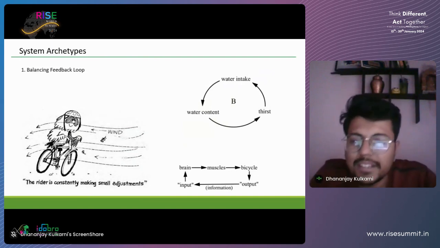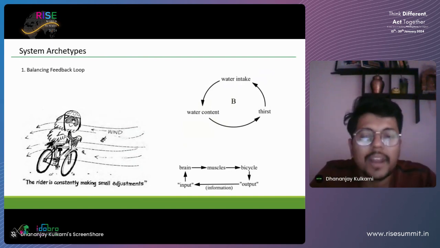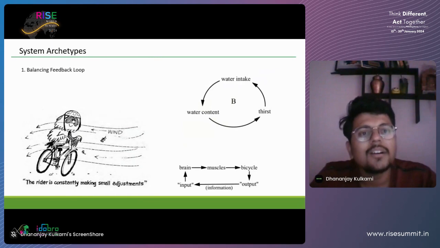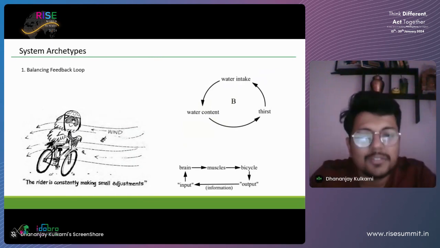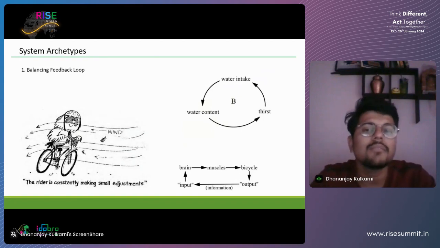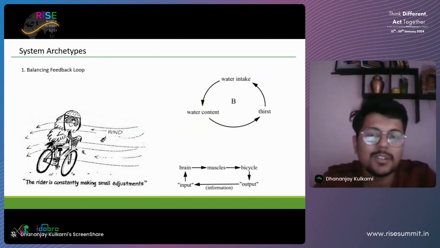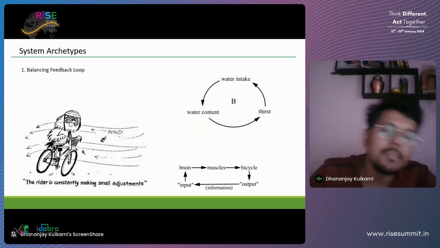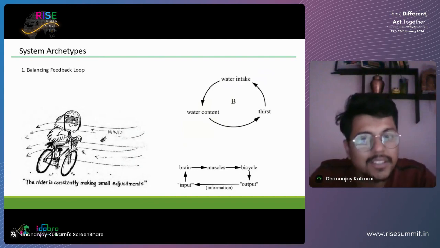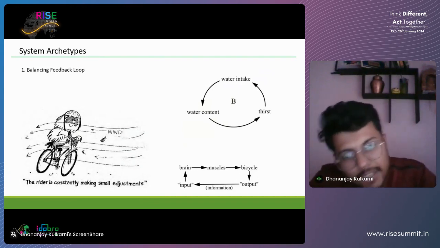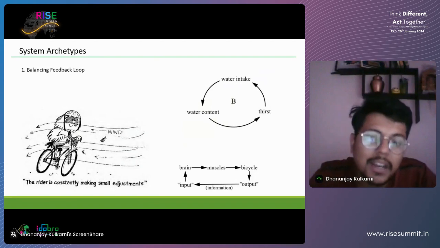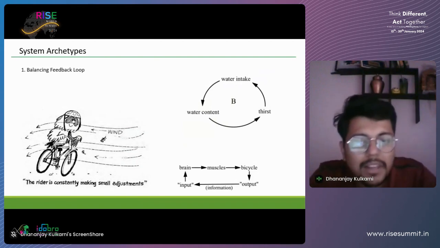One thing is very clear: when you are riding the bicycle, we are not always at the center, right? We are not always balanced. Sometimes we lean towards the right, and then we balance our weight. Then we go to the left, and again we balance our weight. That's how we learn to ride the bicycle, right?